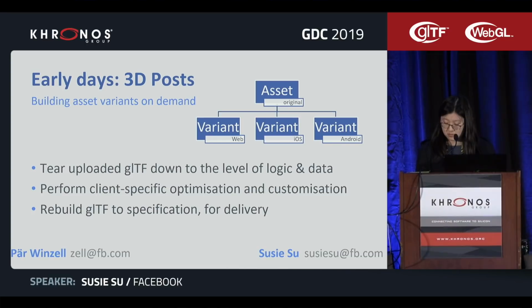The obvious answer is to serve the client and build the variant on the fly. When a client requests an asset, we just look up internally for a variant which has exactly the right configuration. If it exists, then we serve it to the client. If not, we simply build it on demand.